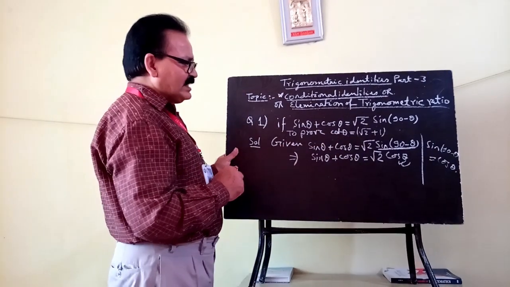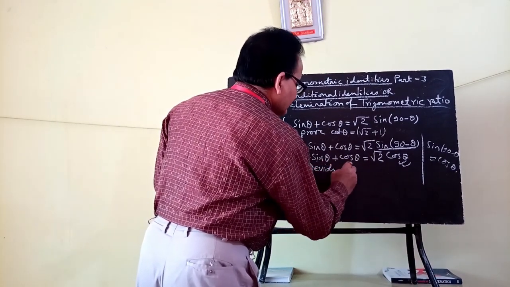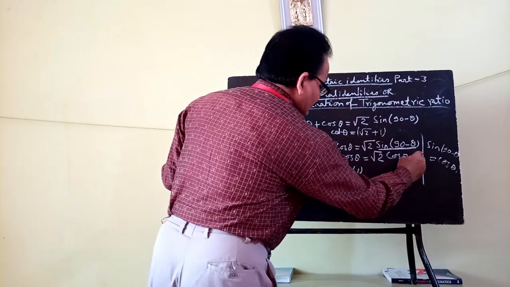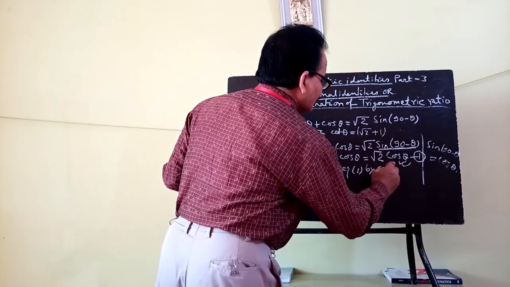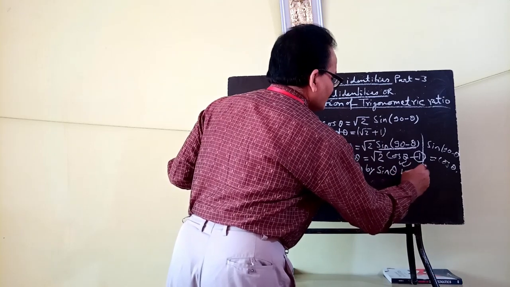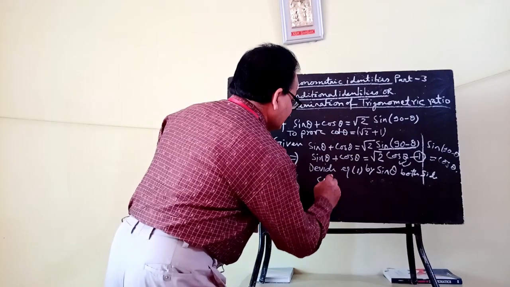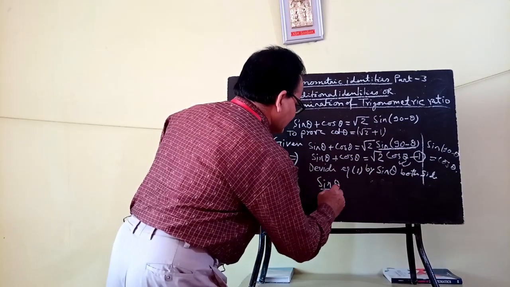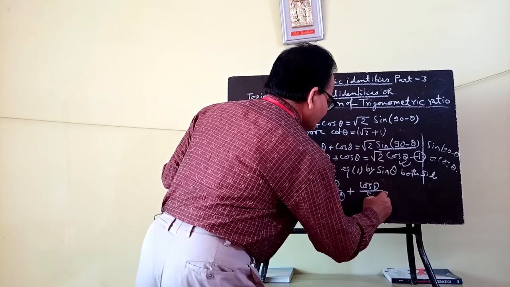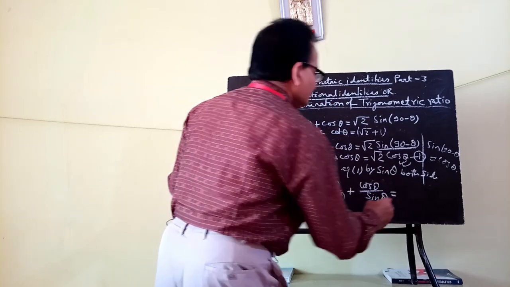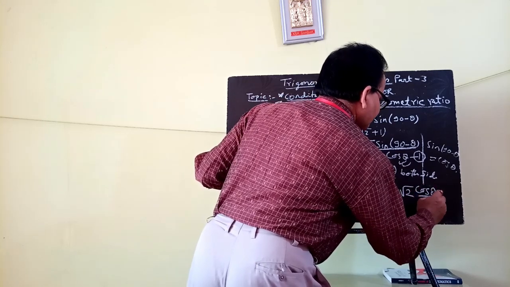So what you will do right now: say this is your equation 1. Divide equation 1 by sin theta on both sides. After dividing, what you will get is sin theta by sin theta plus cos theta by sin theta equals root 2 times cos theta by sin theta.